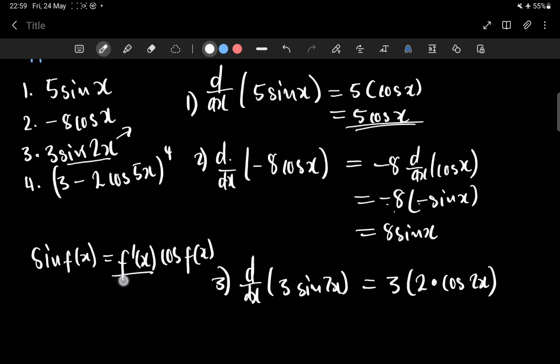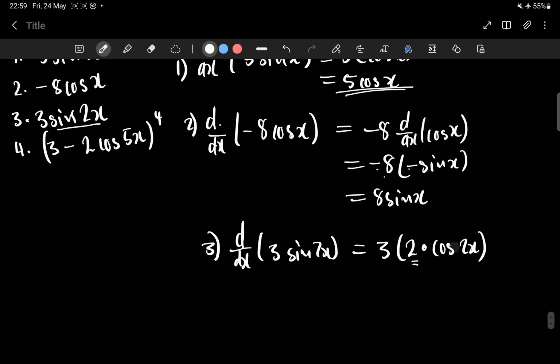So you differentiate this f of x, the 2x, and you get f dash x, which is 2, times cos, because the derivative of sine is cos. Cos of what? Of the same thing as it was, cos of f of x, so cos of 2x. So the derivative of sine 2x is 2 cos 2x. So it's going to be 3 times 2 becomes 6 times cos 2x. It'll be 6 cos 2x.